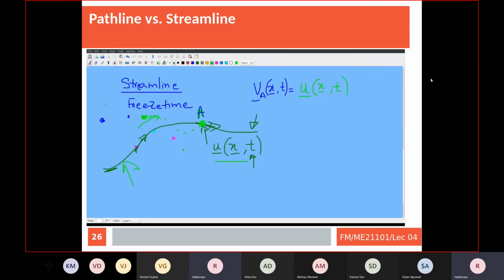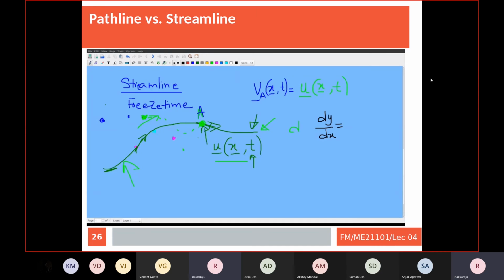If that is the case, because it's a curve, mathematically the way we represent it is that it has a slope. For the streamline curve, dy by dx is equal to the local fluid velocity ratio you are measuring.